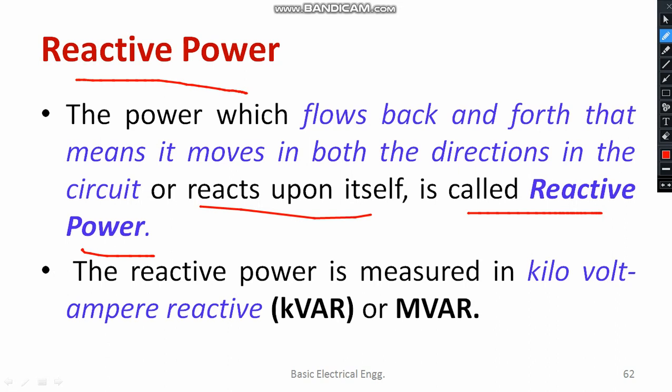Reactive power is measured in VAR, that means volt ampere reactive, or in higher ranges, kilovolt ampere reactive or megavolt ampere reactive. These are the different units of reactive power.